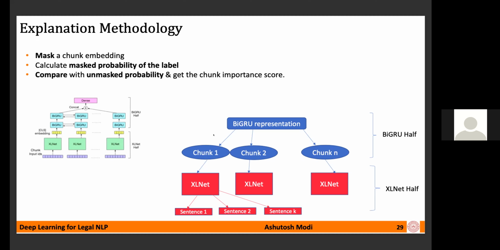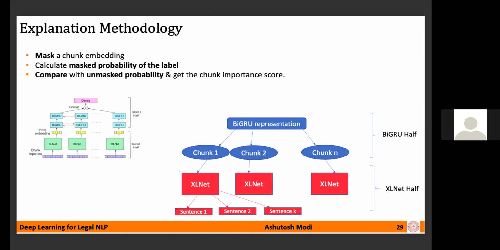The next step is to do a similar procedure for the XLNet part, where we mask the sentences and compare with the unmasked instance of the input to determine the sentence-wise relevance. So we have two levels of representation erasure: one at the Bi-GRU level, where we mask chunks, and one at the XLNet level, where we mask sentences.